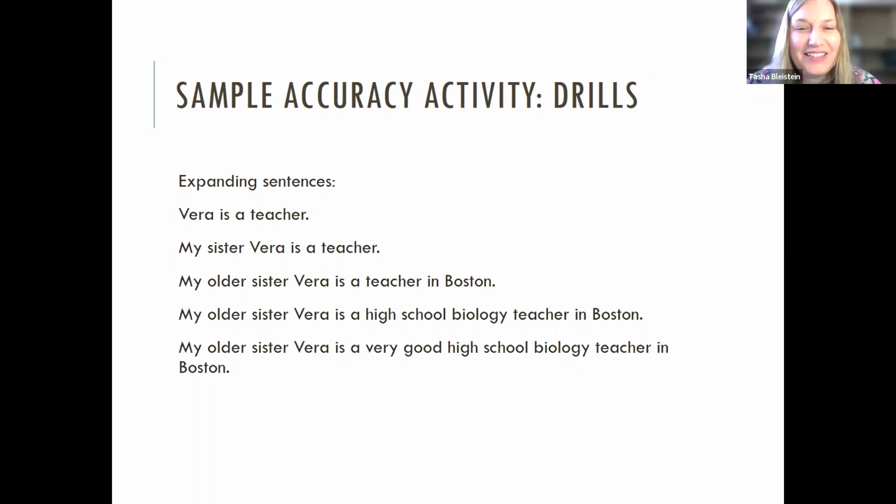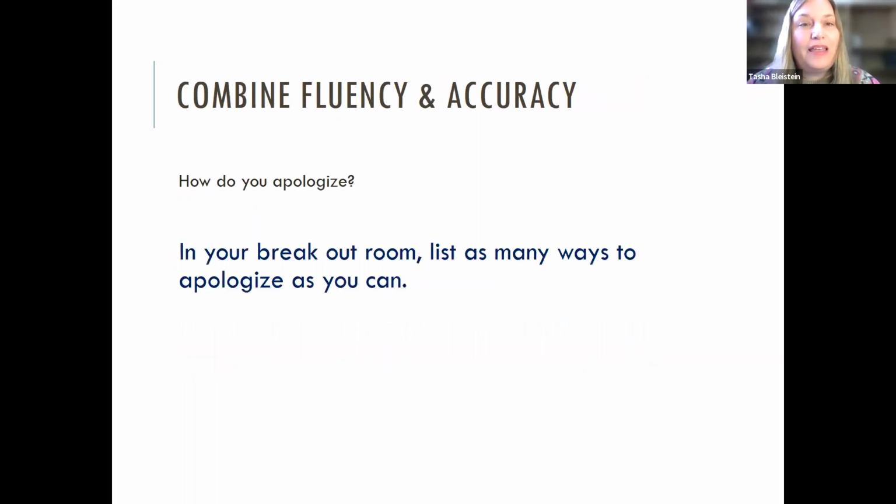And then we add in some B words as we get to the end. So it gets to my older sister, Vera, is a very good high school biology teacher in Boston. So we're working on that V and B, but we've expanded the sentence. So you can create these based on what the learners are doing and just have them repeat after you, and also showing them more how sentences can be more complex.